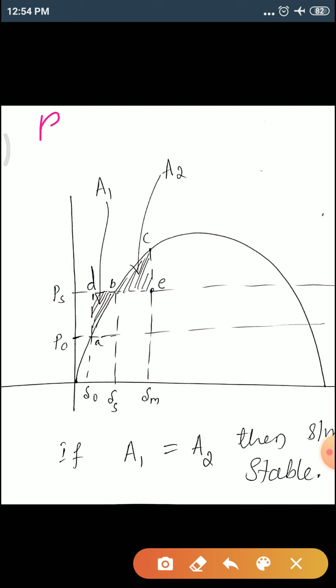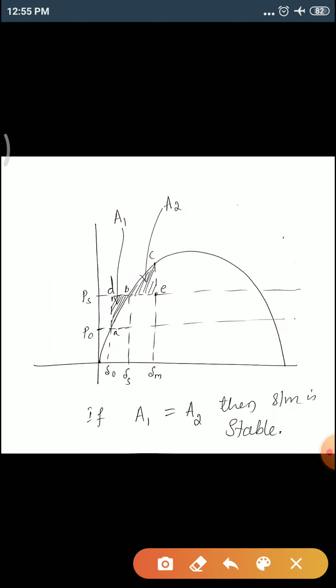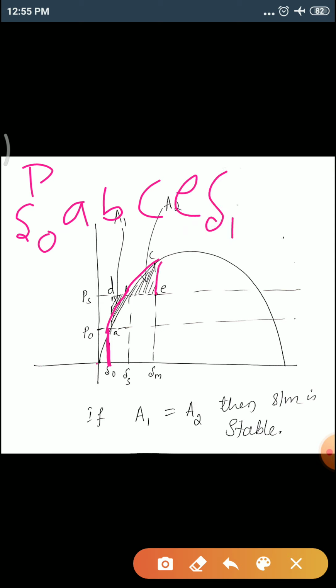On this side we write the electrical area, which starts from delta naught, then reaches A, then B, then C, then E, and then reaches delta M. Okay, and let's consider the mechanical area.